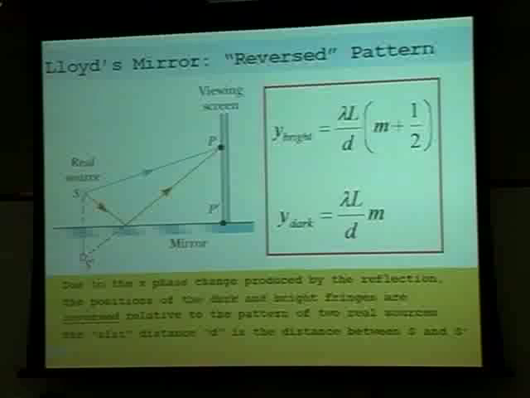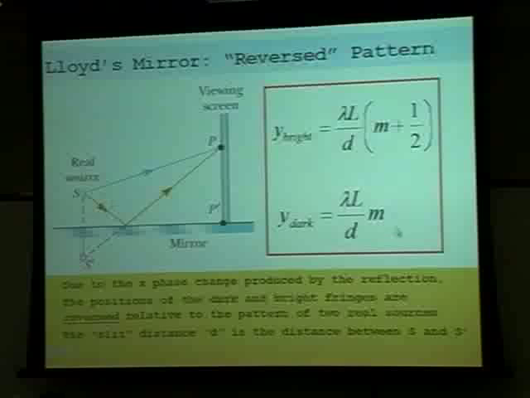So if you were to use this, and your real source were some distance away from the mirror, then you would have to calculate your presumed distance between the sources as being twice that distance from the mirror. In other words, since your image is behind the mirror, exactly the same distance that your object is in front of the mirror, then your distance d is twice this distance from the mirror.